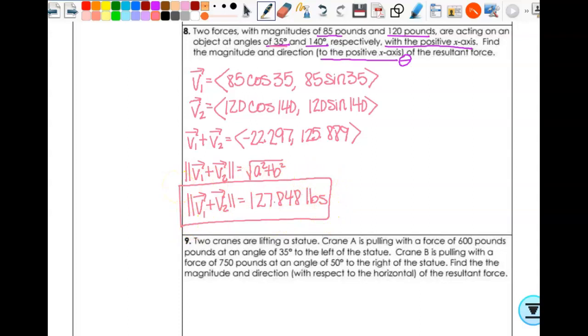And you should get 127.848 pounds. Everybody good? Any questions?